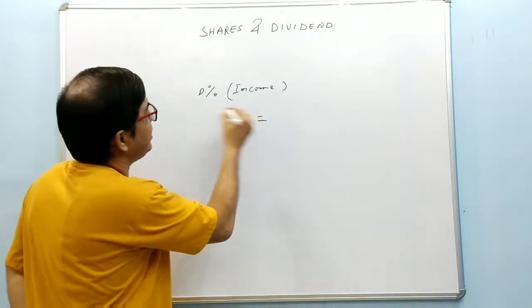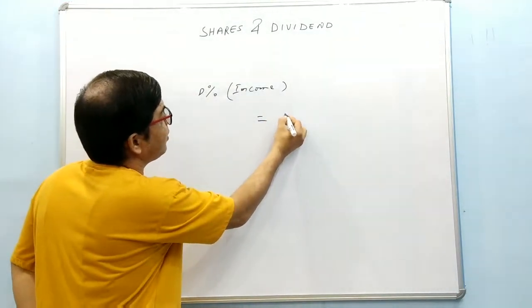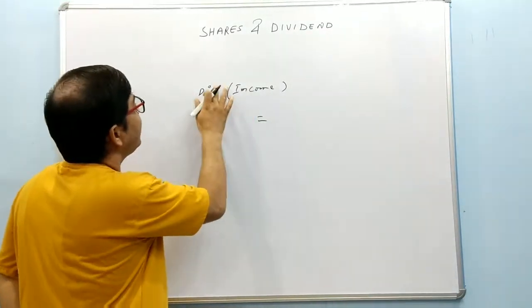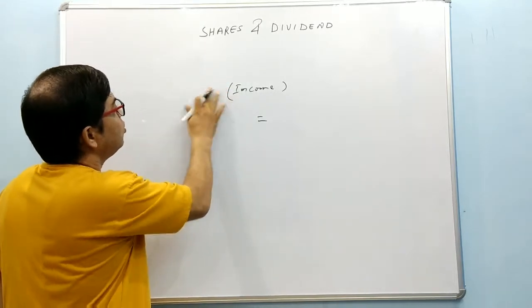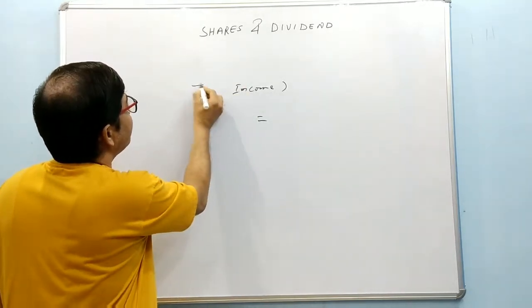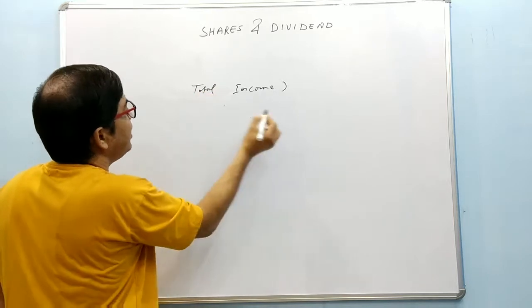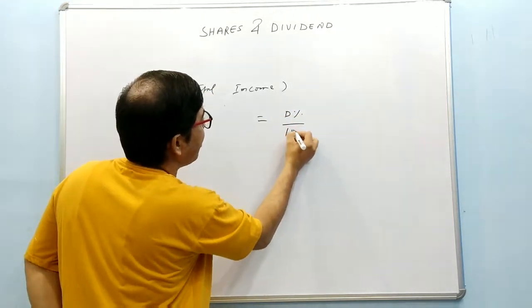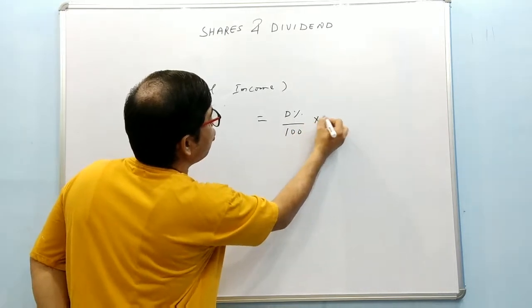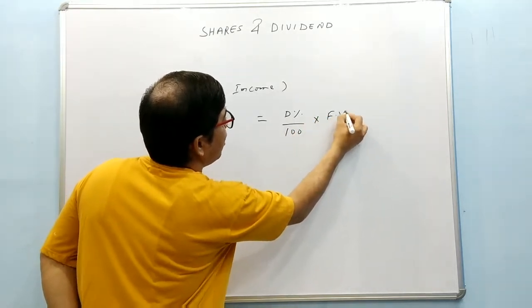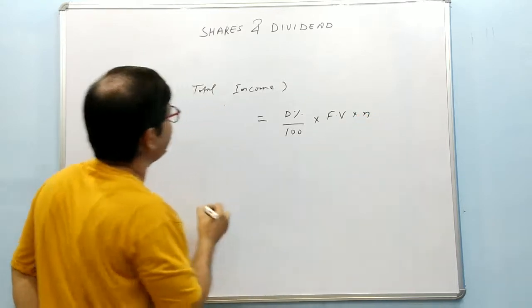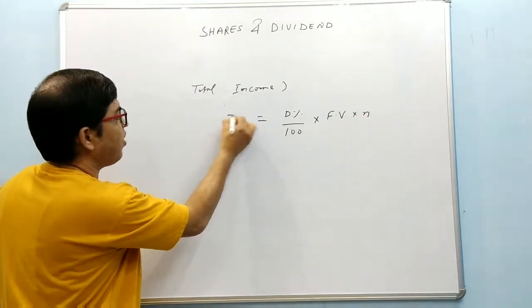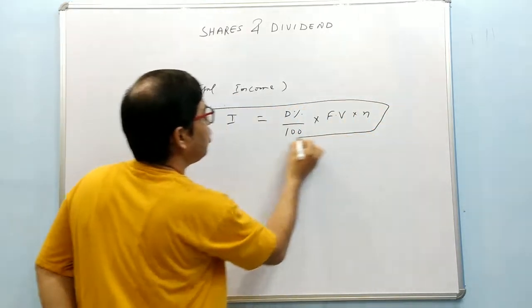So total income is equal to dividend percent by 100 into face value into number of shares. This is the formula for total income.